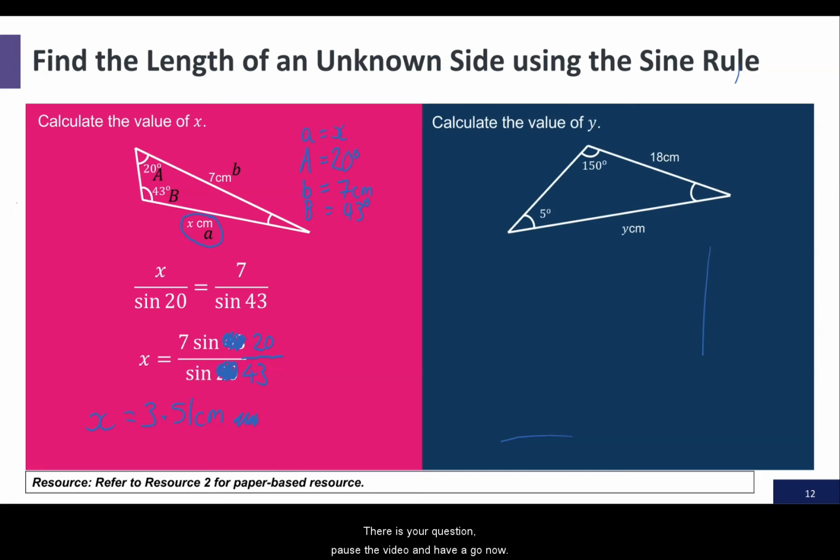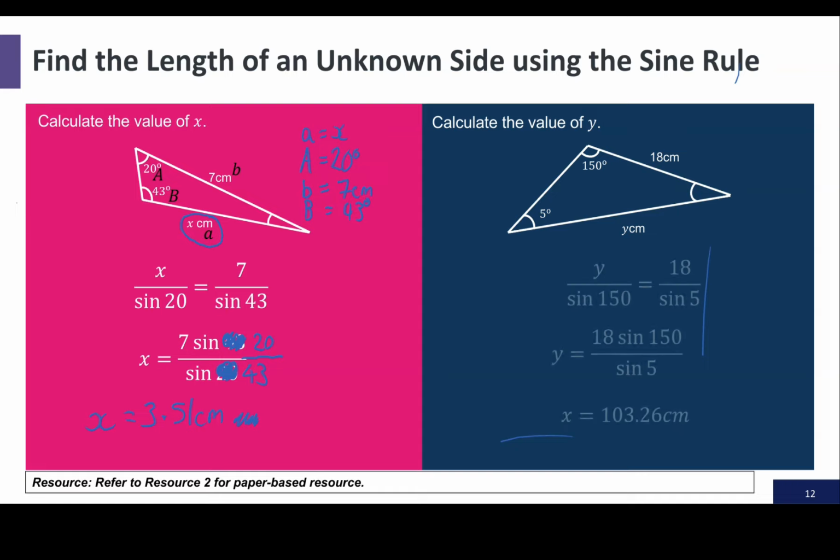There is your question. Pause the video and have a go now. Here is the solution. So first thing to do was to label the triangle. That is A, capital A, B, capital B. And we are looking for a side length, therefore the sides are the numerators.